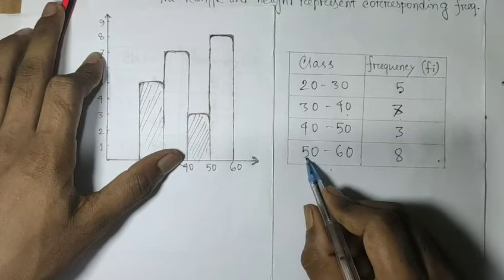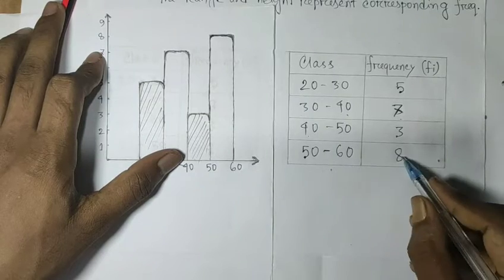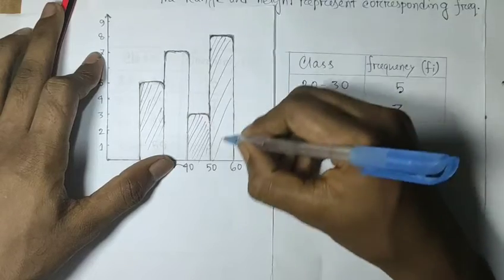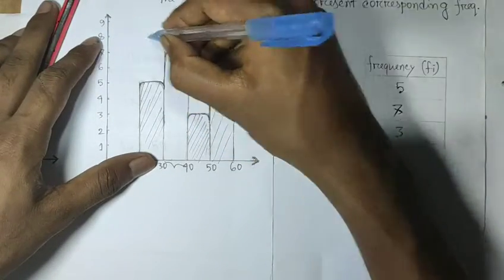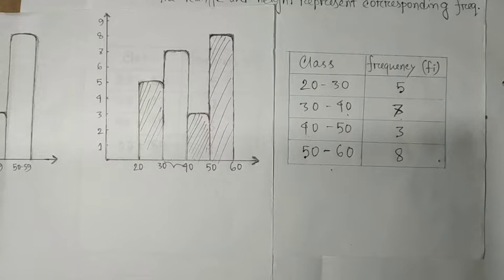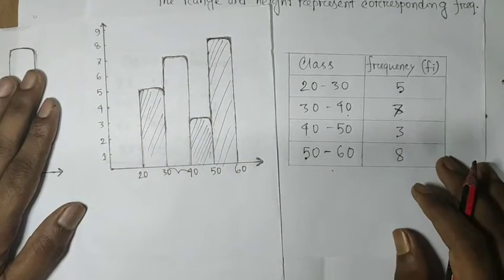And the last one, which is 50 to 60, has frequency 8, and the height of the bar for this class is also 8. Here you can see it. So this is a simple bar diagram for a quantitative variable, and it's called a histogram.